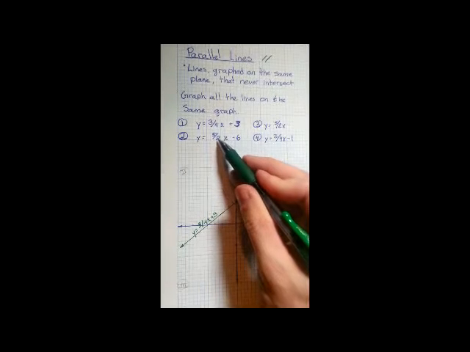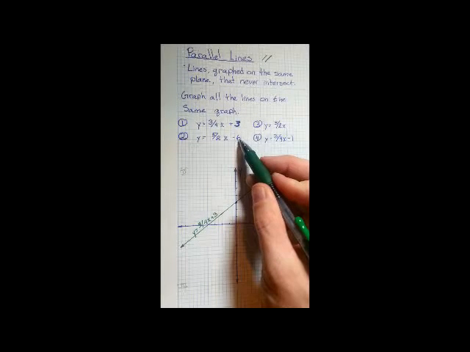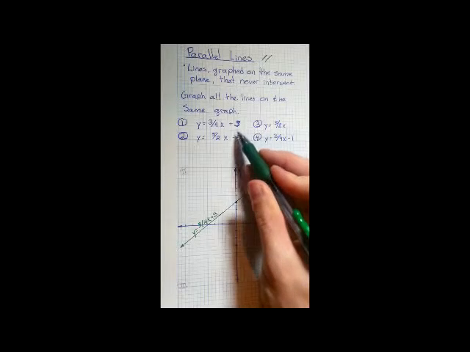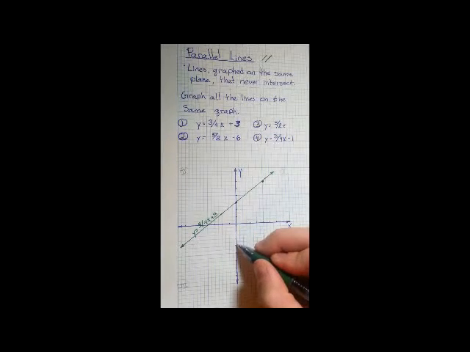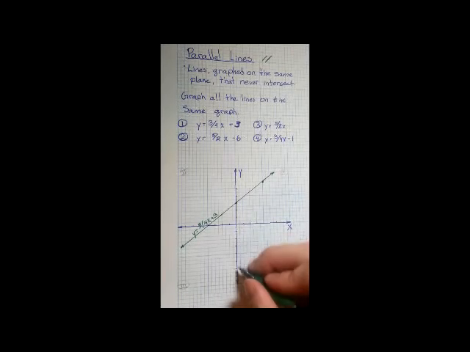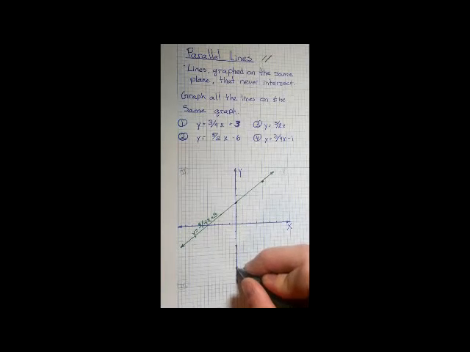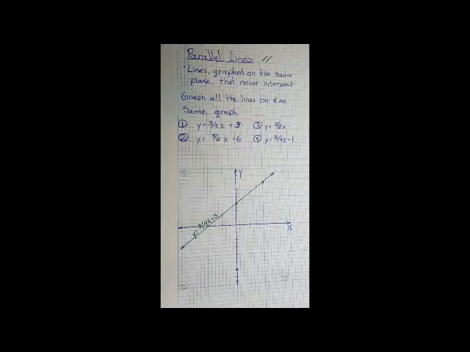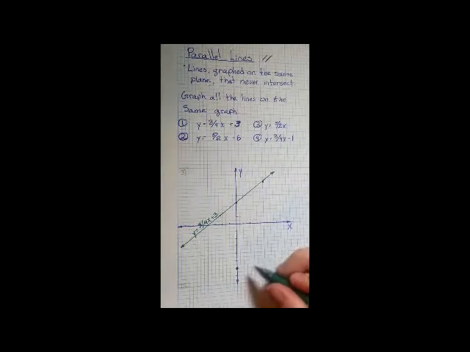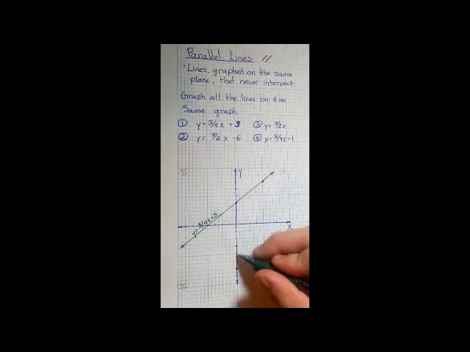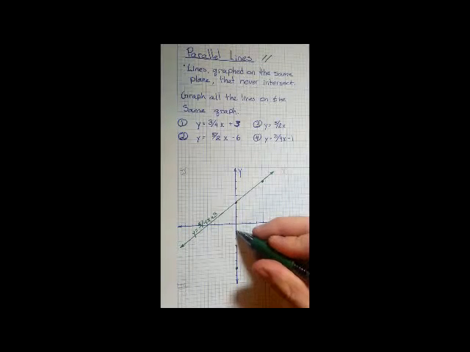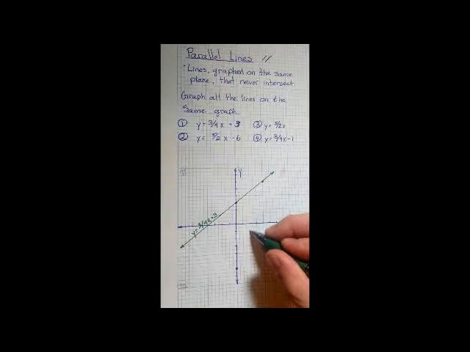On to the next one. Y equals 5/2 x minus 6. -6 is our y-intercept. Down 1, 2, 3, 4, 5, 6 units. And that is our y-intercept. From this point, we use the slope. It says go up 5 and over 2. Up 1, 2, 3, 4, 5 units over 2.